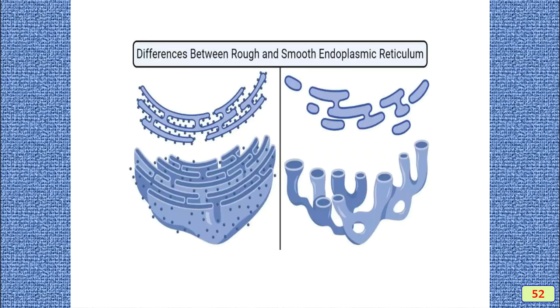So here there is a difference between a rough endoplasmic reticulum and a smooth endoplasmic reticulum. As the name indicates, the rough endoplasmic reticulum contains a lot of ribosomes, whereas the smooth endoplasmic reticulum does not have any ribosomes.